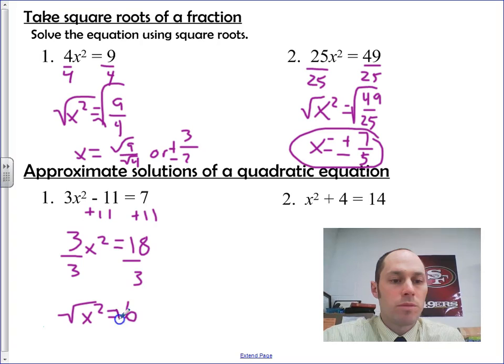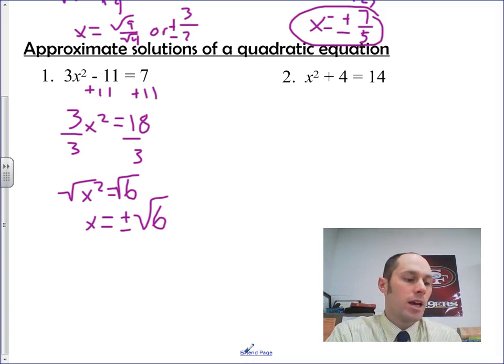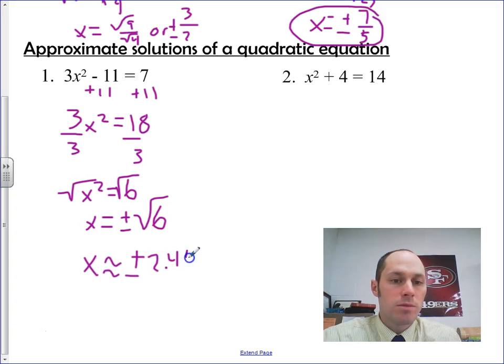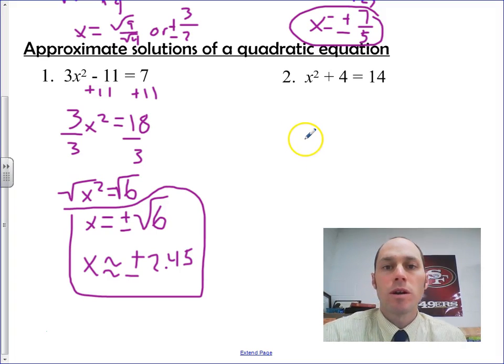When I take my square root of both sides, I get x equals, well, 6 isn't a perfect square, so it's plus or minus square root of 6, which if I look on my calculator, I can approximate that if I want to, and it would be approximately, to the nearest hundredth, 2.45. So it would be approximately plus or minus 2.45. So if we want an approximation, we can do that, or we could leave it in simplest radical form if we'd like to. Just depends on what we're looking for.